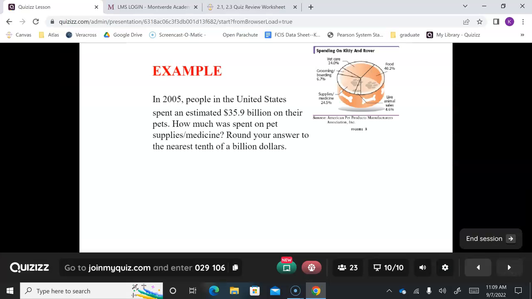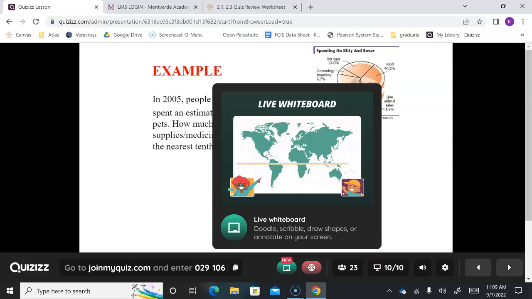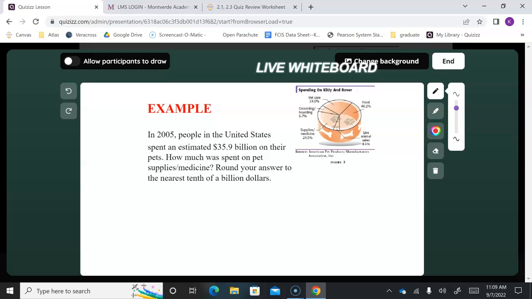Alright, reading the chart, figuring out what percent we need to deal with. In 2005, people in the United States spent an estimated $35.9 billion on their pets. I'm pretty sure half of that is probably for horse care. How much was spent on pet supplies and medicine? Round your answer to the nearest tenth of $1 billion. So what percentage value do I need if I'm looking at supplies and medicine? 24.5%.